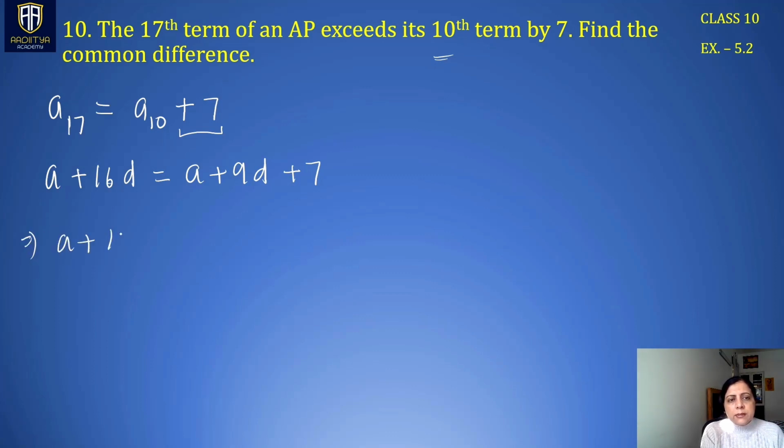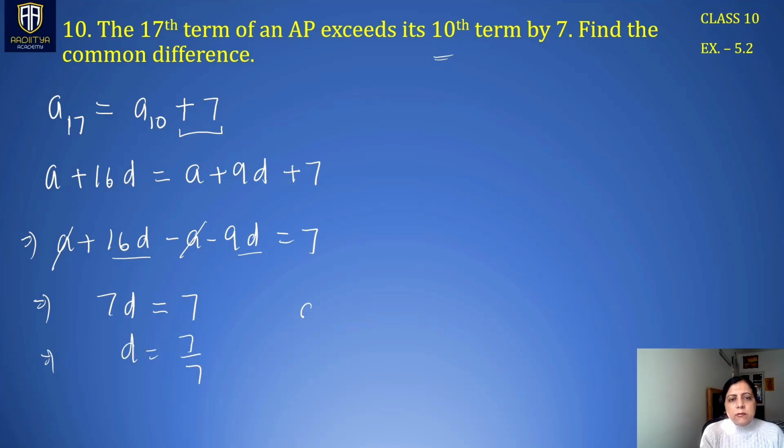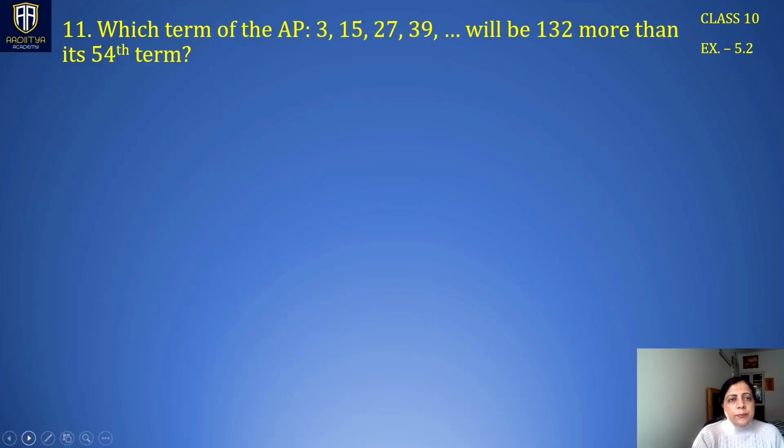So a plus 16d minus a minus 9d is equal to 7. The two a's cancel, so we have 16d minus 9d is 7d, which is 7. So the value of d comes out to be 7 by 7, so d is 1. This is quite an easy question.